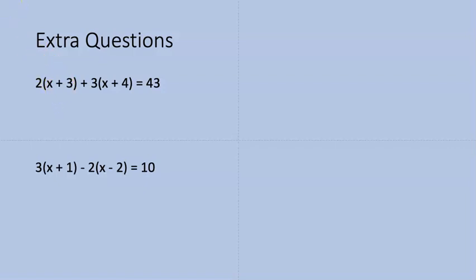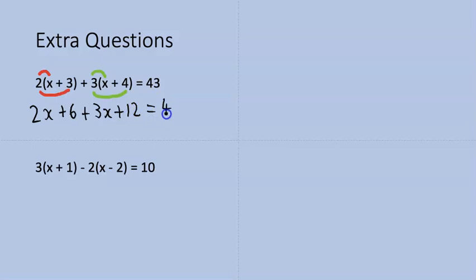Okay, now I'm going to go through the answers. So the first one here, I'm going to do 2 times x and 2 times 3. That gives me 2x plus 6. I then do 3 times x and 3 times 4. 3 times x gives me 3x. 3 times 4 gives me 12.